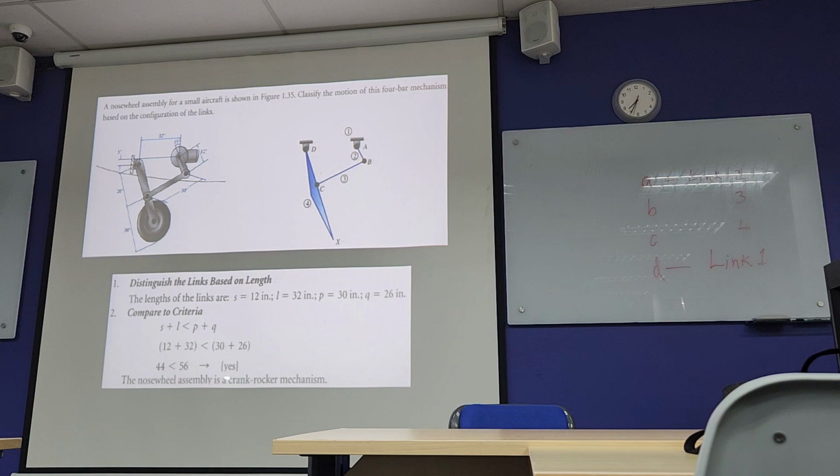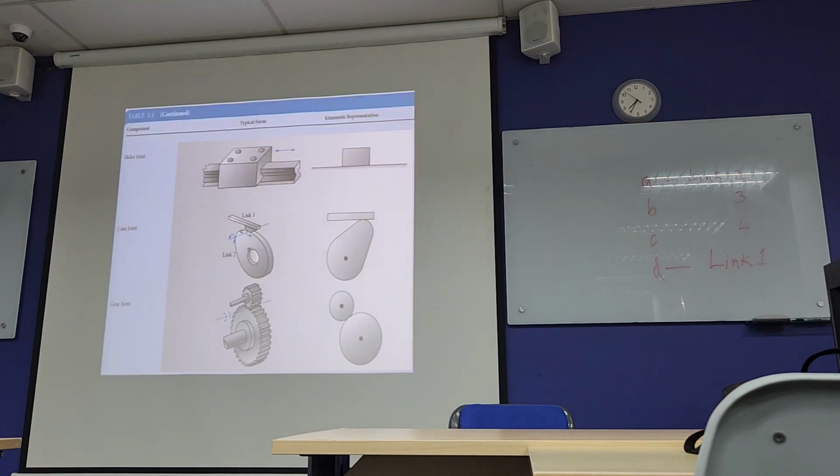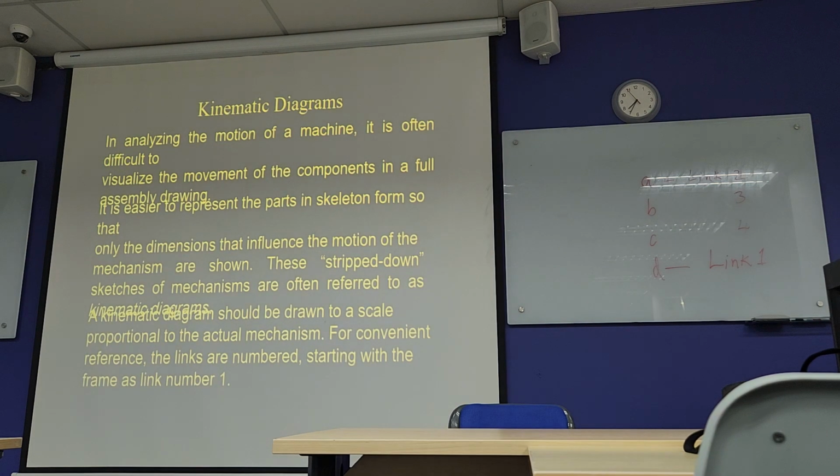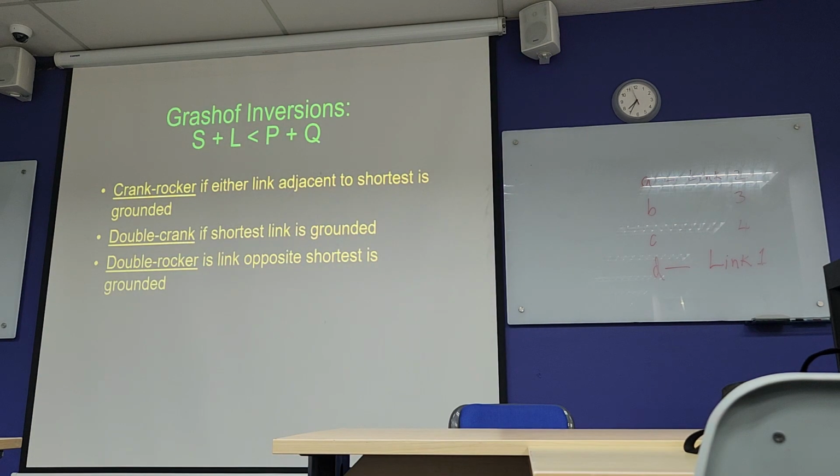Therefore this assembly is, and again the smallest link is positioned next to the ground link, so it is a crank and rocker mechanism. You have seen the description here, right? So it's a crank and rocker because the link adjacent to the shortest is grounded.